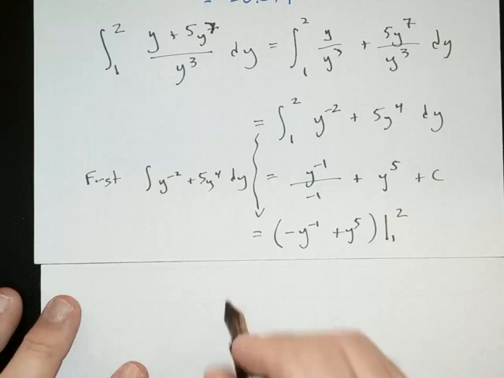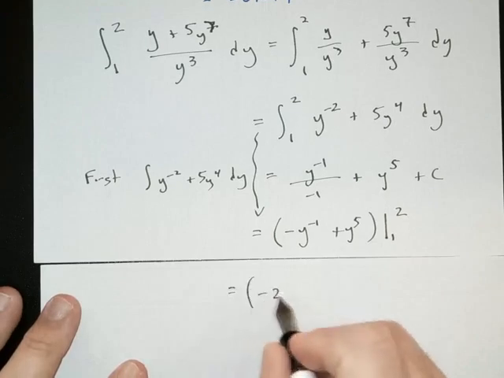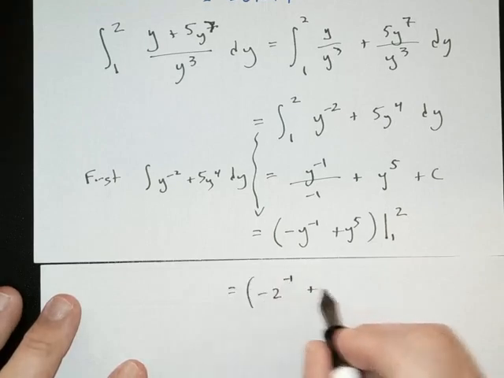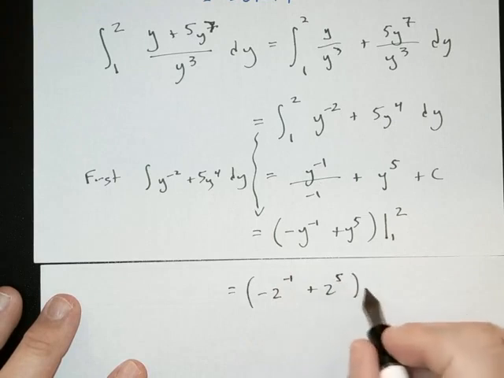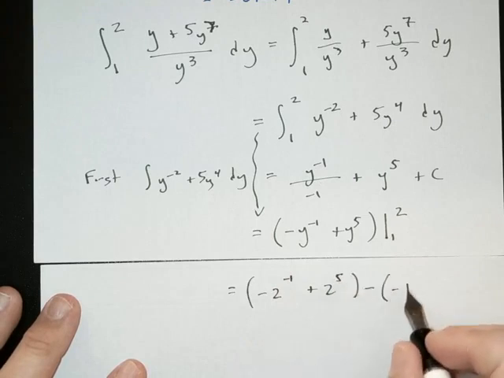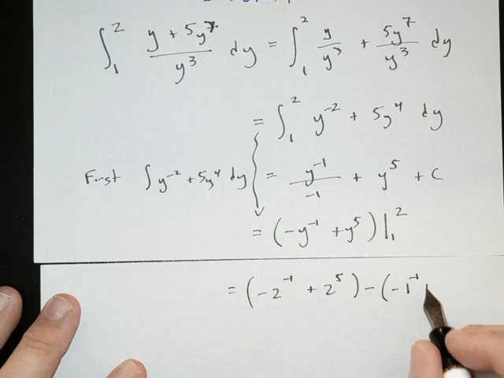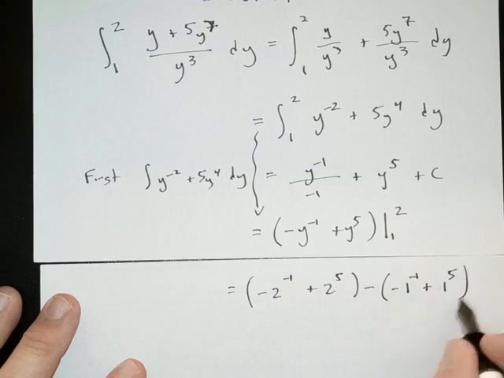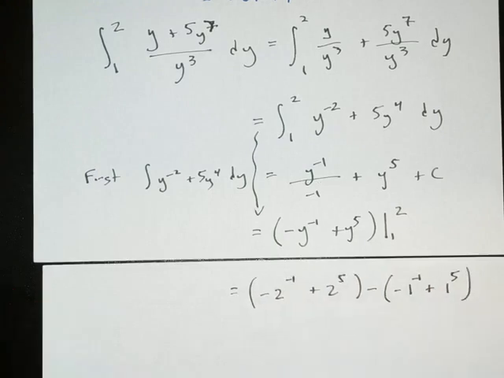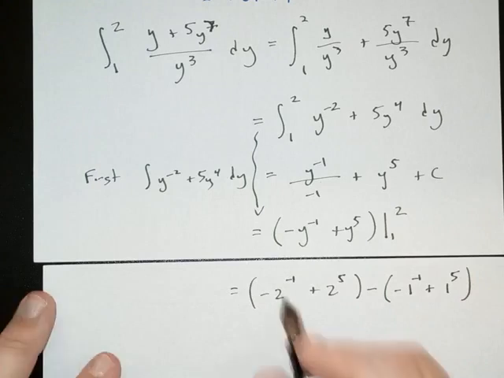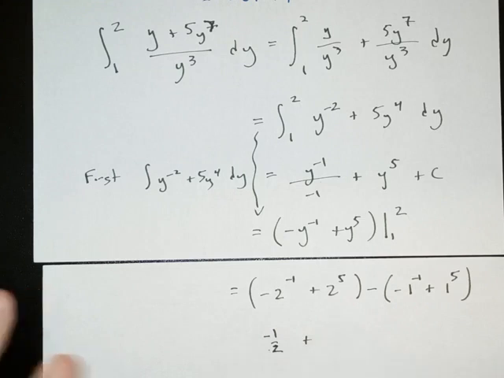But now I evaluate. So I get parentheses 2 raised to the negative first power plus 2 to the 5th minus -1 raised to the negative 1 power plus 1 to the 5th. 2 to the negative 1 is a half. So this is -1/2 plus 2 to the 5th. 2 times 2 is 4, times 2 is 8, times 2 is 16, times 2 again is 32.